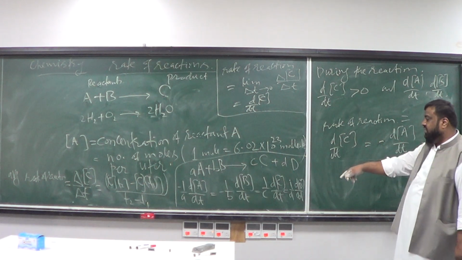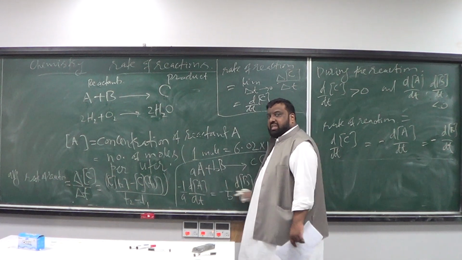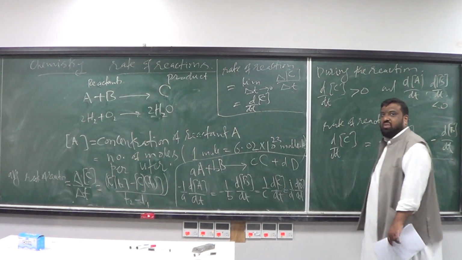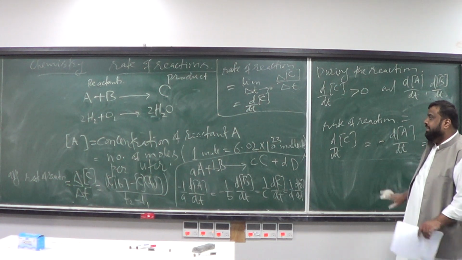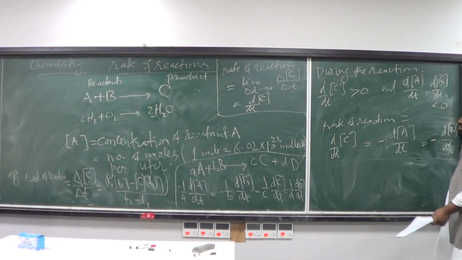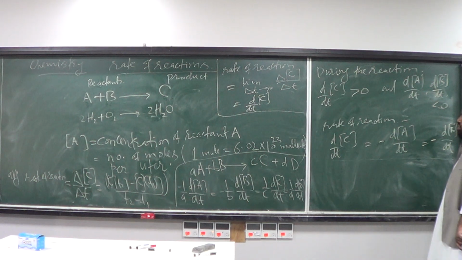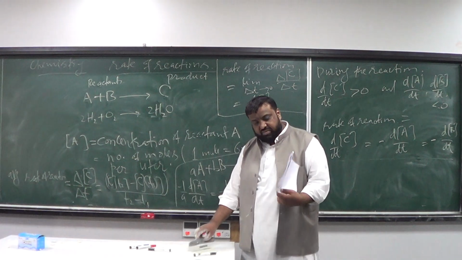So if you know one of these quantities, you can determine the rest, since they are just multiples of each other. That is one of the models people use in chemistry to determine the rate of reactions.